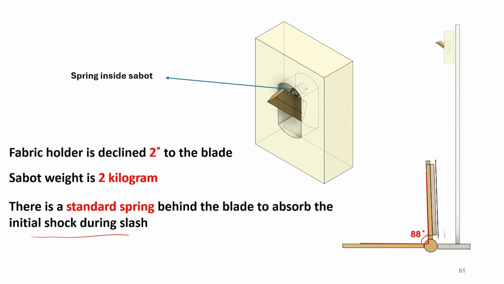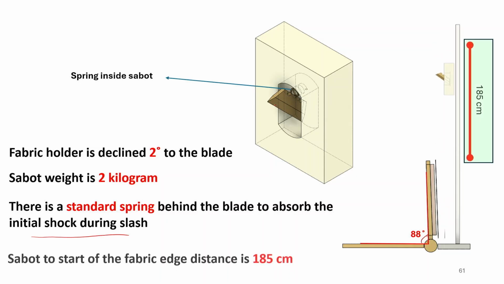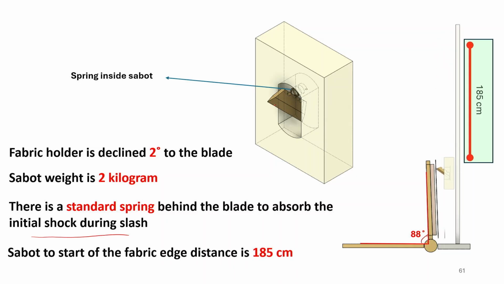The distance from where the sabot starts to the fabric edge is 185 centimeters, as calculated.